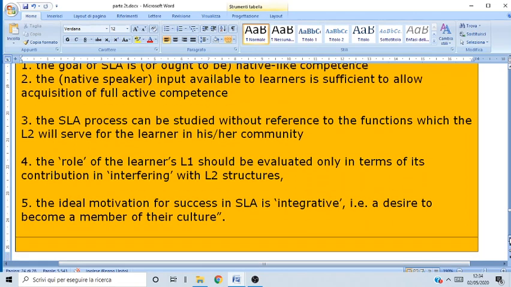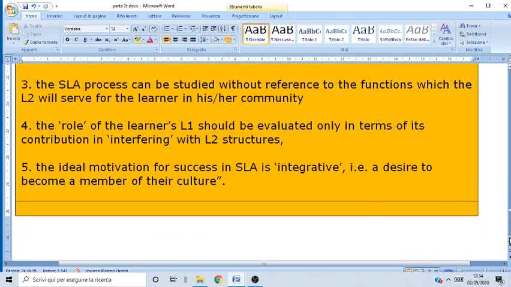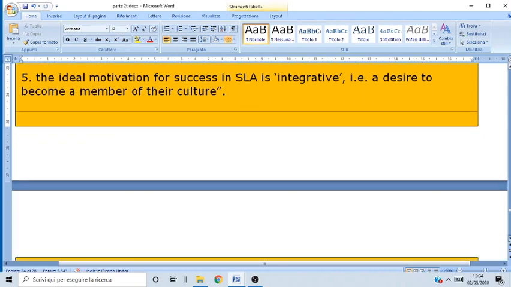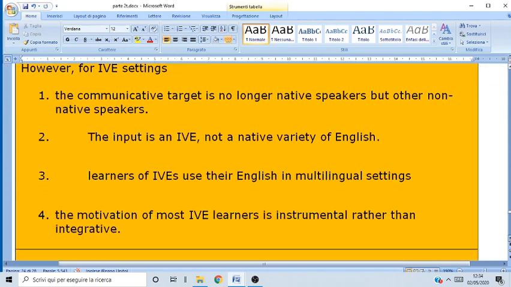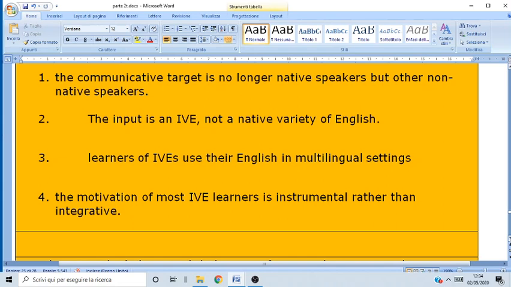What else? That the motivation is to become part of a community that speaks English as the mother tongue. But this is not the case of indigenous varieties of English, because they don't want to deal with the inner circle, okay? It's a language that they use on their own.